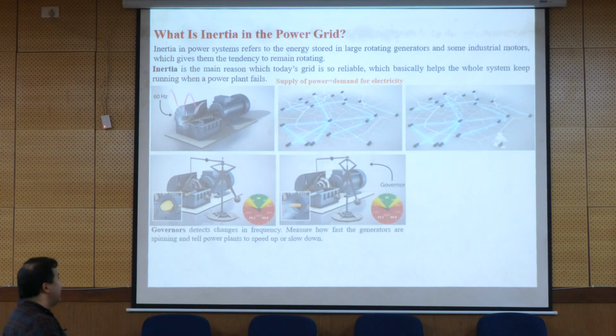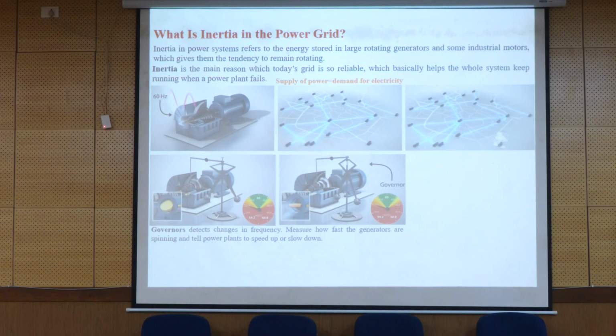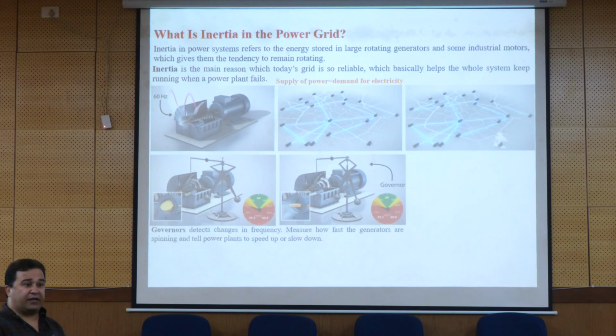We have a device, we call it governor, that detects the changes in the frequency, and based on that, it calculates and provides the information for the spin of the generator, to make the spinning go faster or slow down.